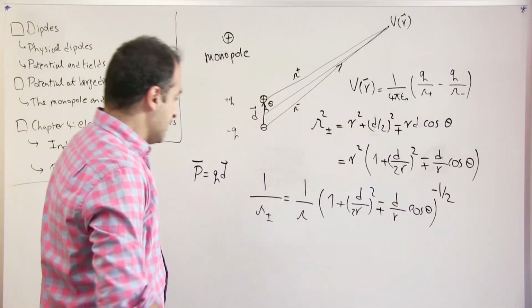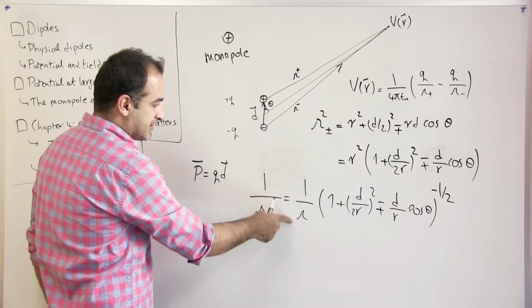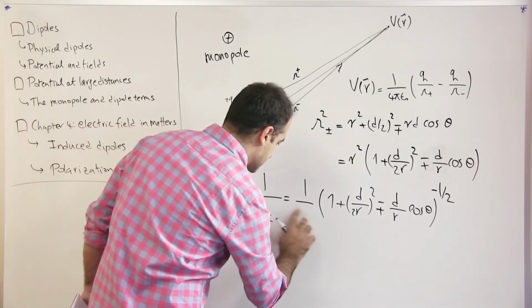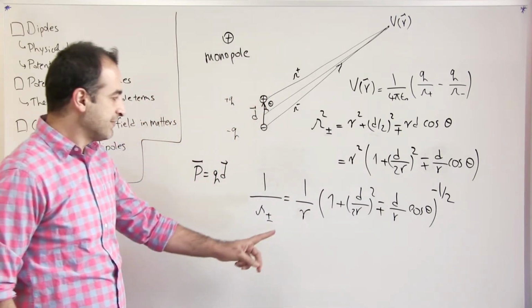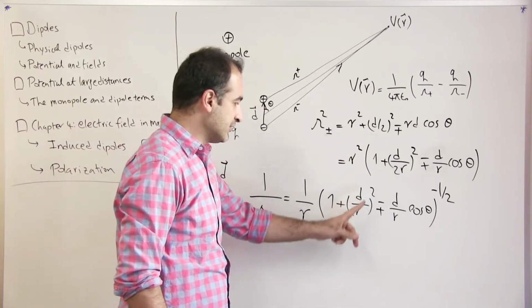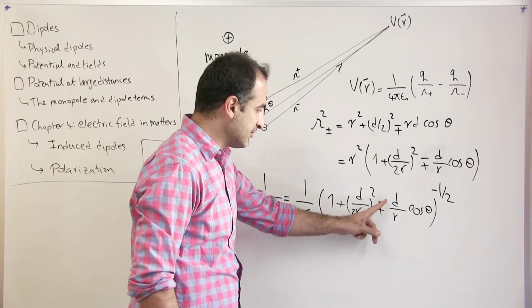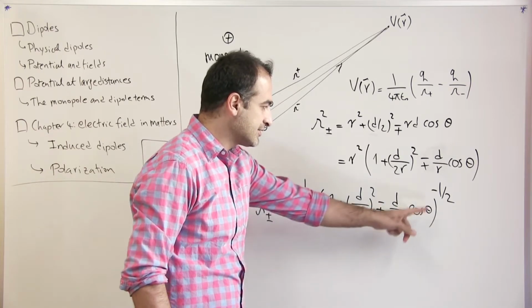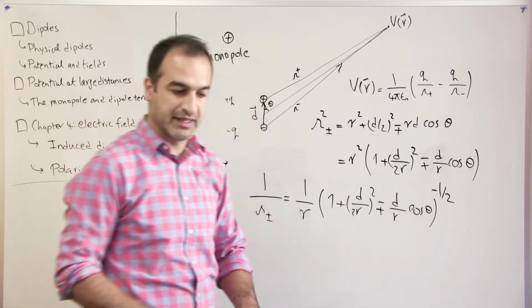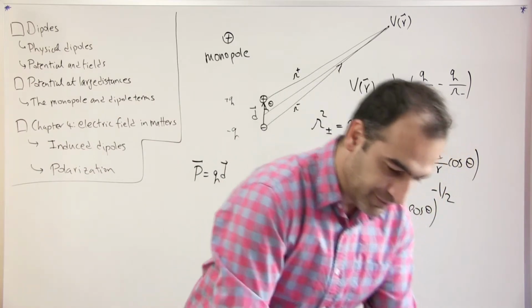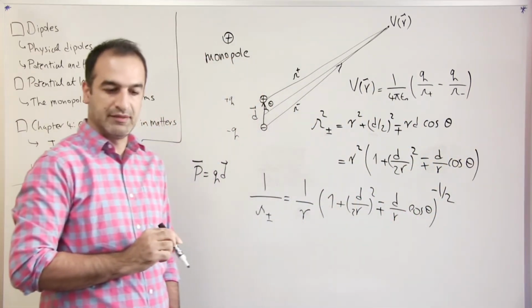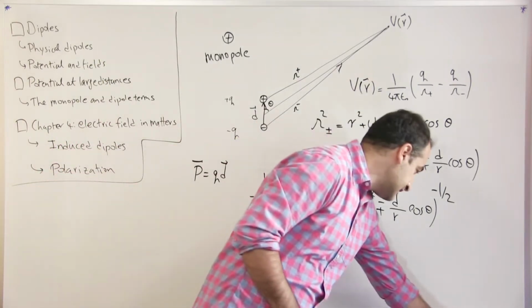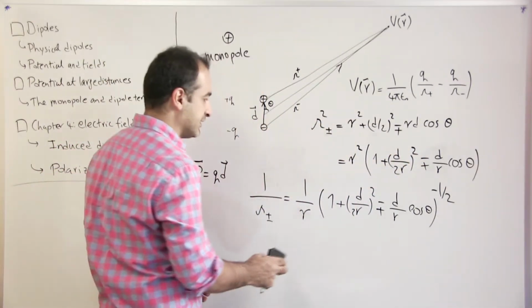Okay, so I inverted this one. So the terms we have here are 1 plus (D over R) squared minus plus D over R cosine theta, to the power of negative 1/2. Now, this term has D over R squared. We're going to make the assumption that this term is too small, and we're going to get rid of this.